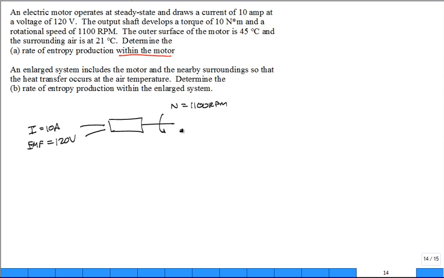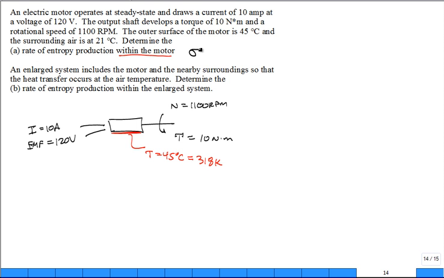And a torque, T, I think they use that for the symbol of torque in the textbook, of 10 Newton meter. And this temperature right here is 45 degrees C, which is a temperature of 318 Kelvin.